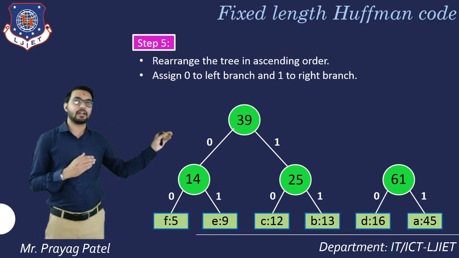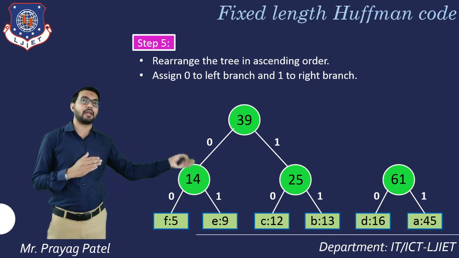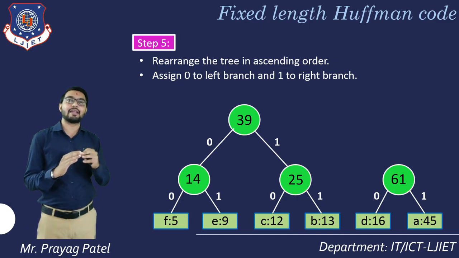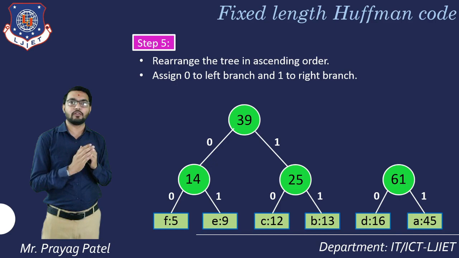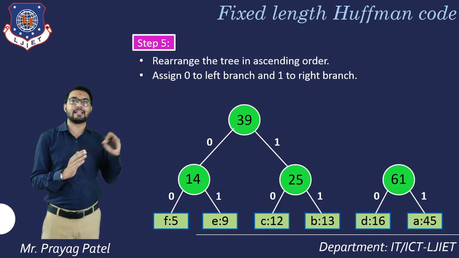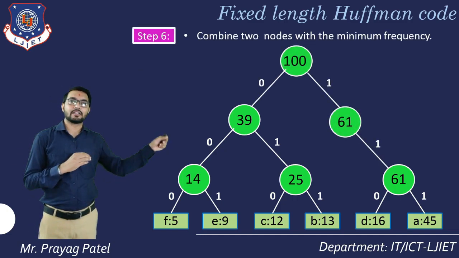So here the first pair is 14, 25 and the total is 39, and in the second part 61 is one node and 0 is the second node. The addition of 0 and 61 is 61. First we put 0 then 61, because 0 is less than 61. Next, consider 61 at the second layer.